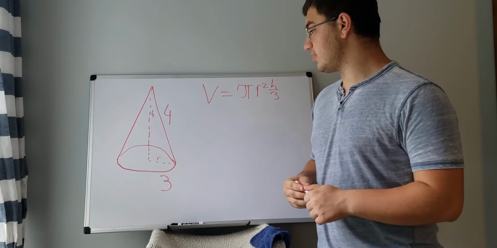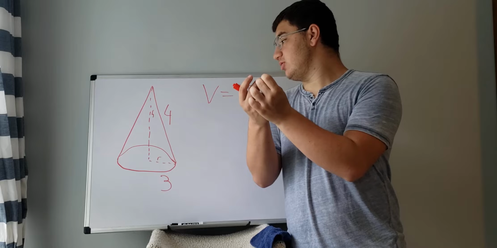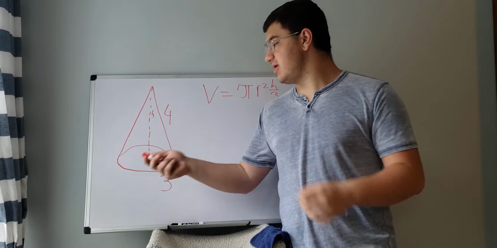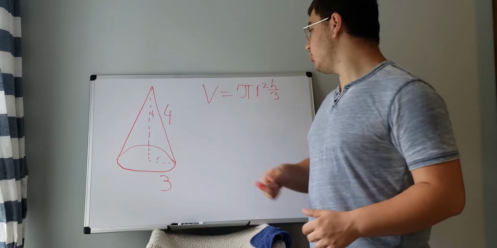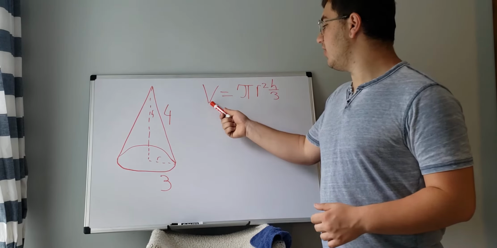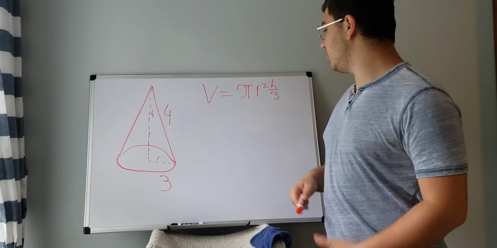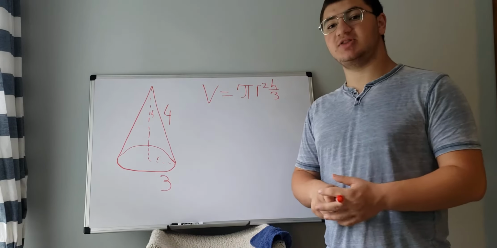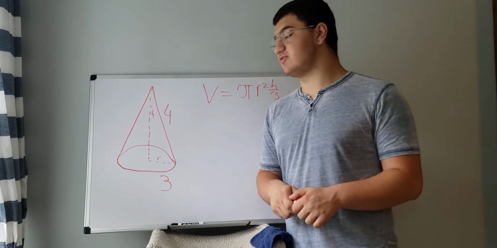It's essentially two curved triangles making a circular base and meeting at a point. To find the volume, we multiply pi times the radius squared, and multiply that by the height divided by 3. You'll see how that plays out as we solve this first example.